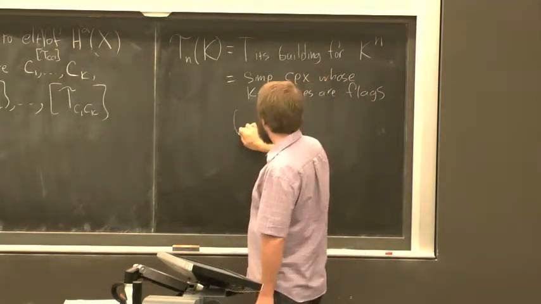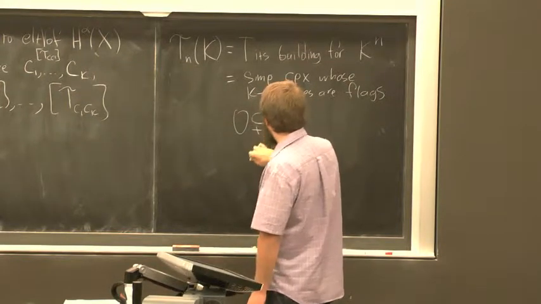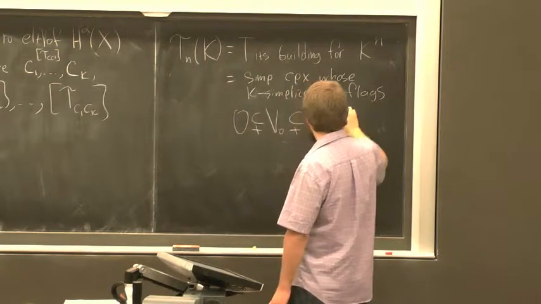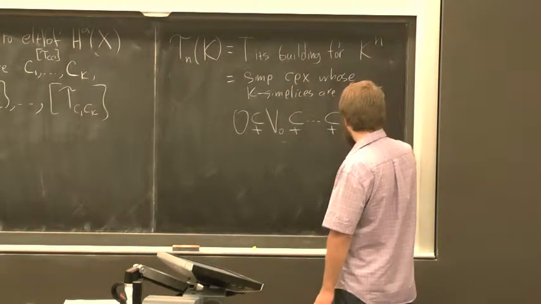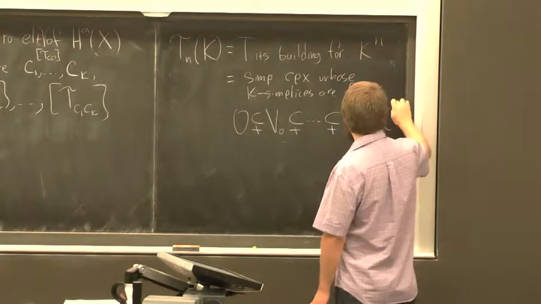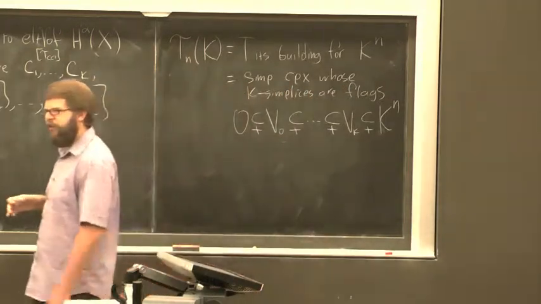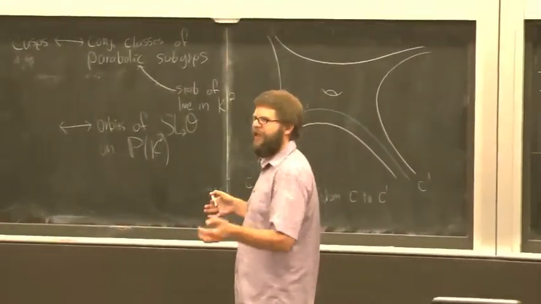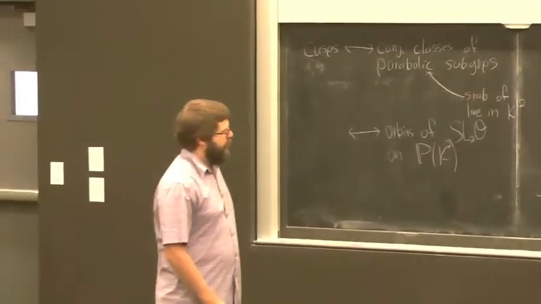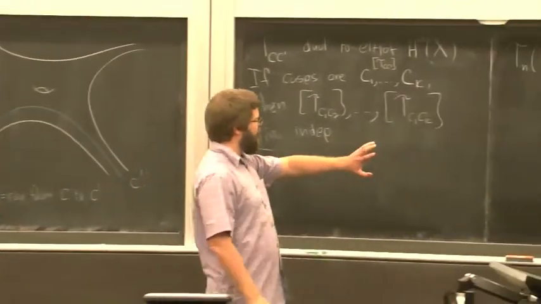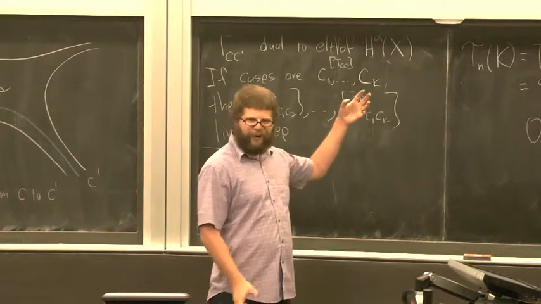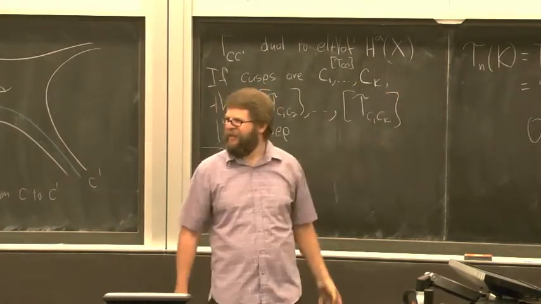So it should look like 0 is properly contained inside V_0, which is properly contained inside all the way up through V_k, which is properly contained inside K^n. And you attach them: if you delete an element of the flag, you get a smaller flag. So that's how you attach the cells to each other. You should think of this as like the curve complex for these groups. I mean, really, the curve complex is like the Tits building for the mapping class group.